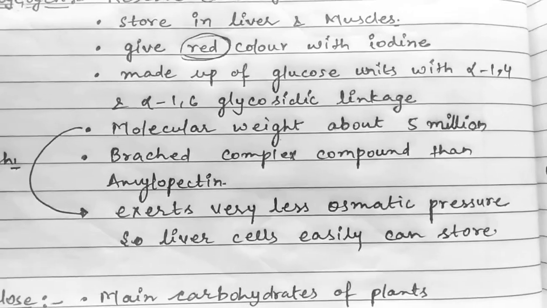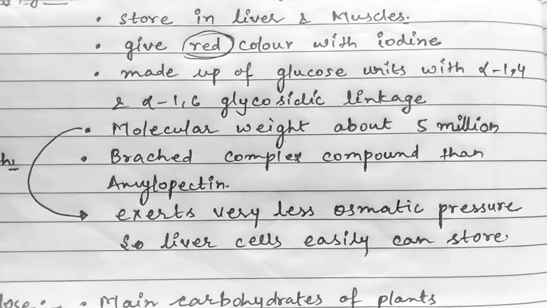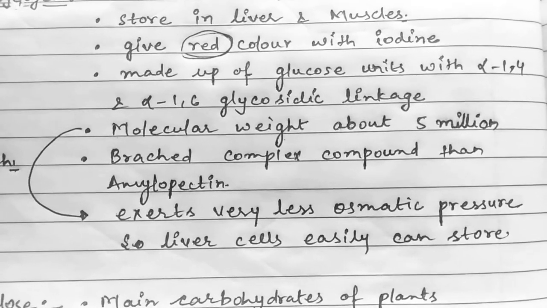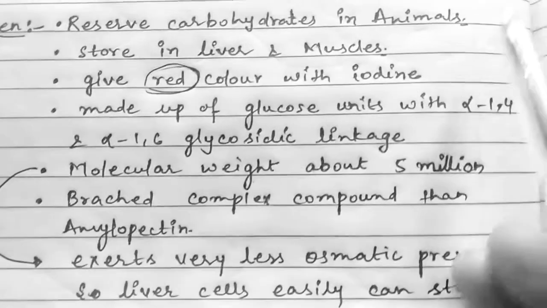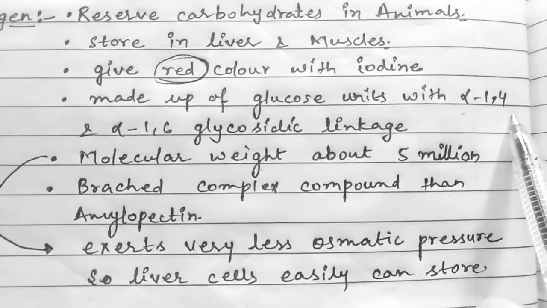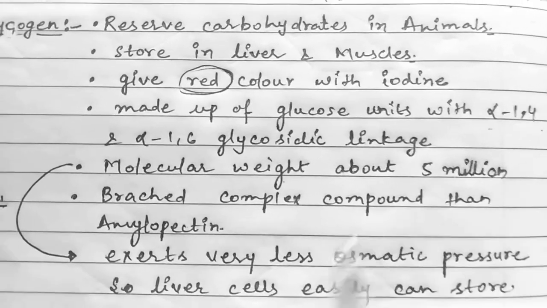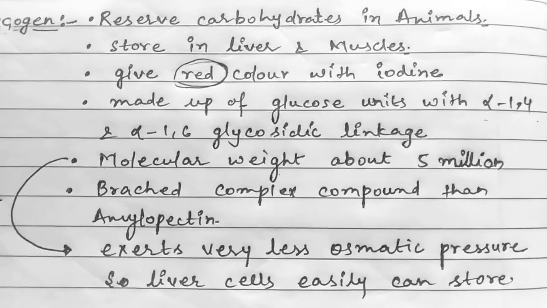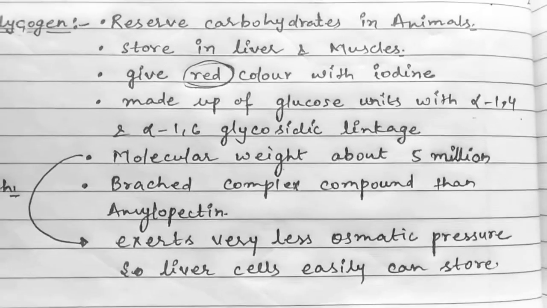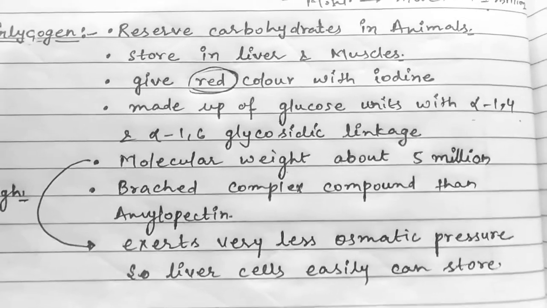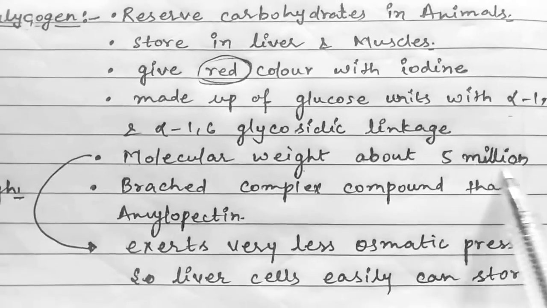Yes. Then student, we will talk about the branching point and the linkage of the straight chain. The straight chain has alpha 1,4 linkage, while the branching point has 1,6 linkage. I have told you already, the unbranched chain always has the alpha 1,4 glycosidic linkage, while the branch point has alpha 1,6 glycosidic linkage, and the molecular weight is around 5 million.